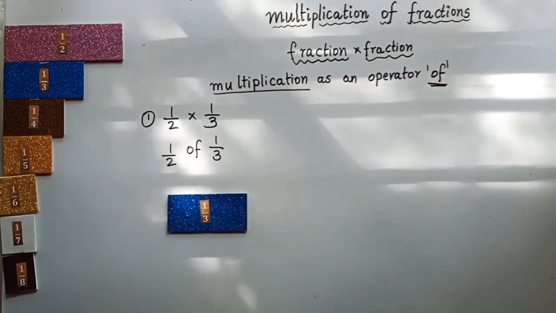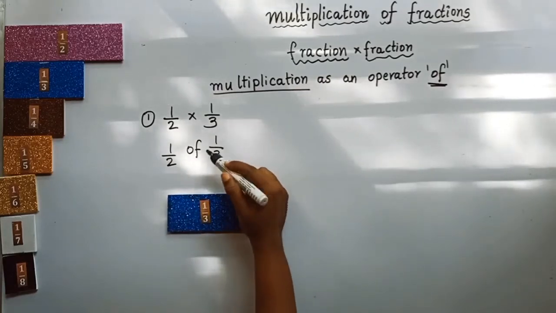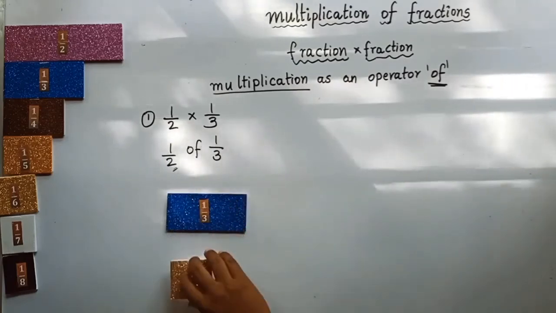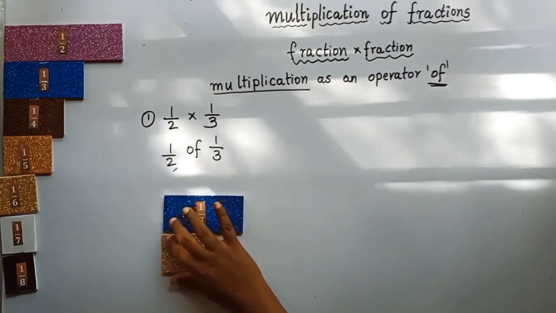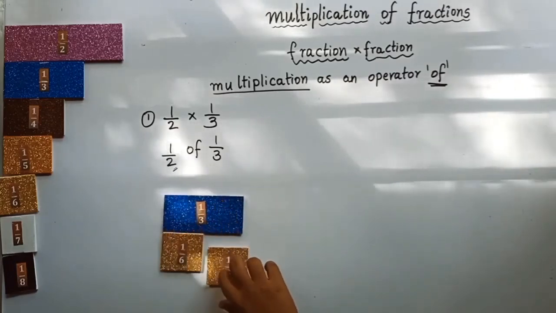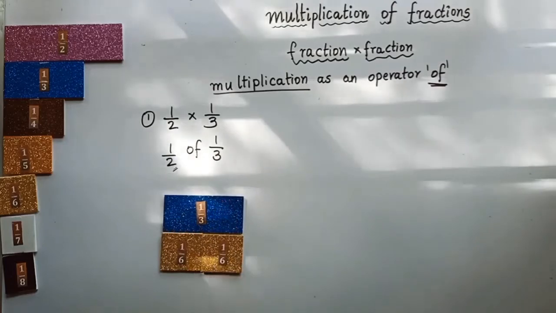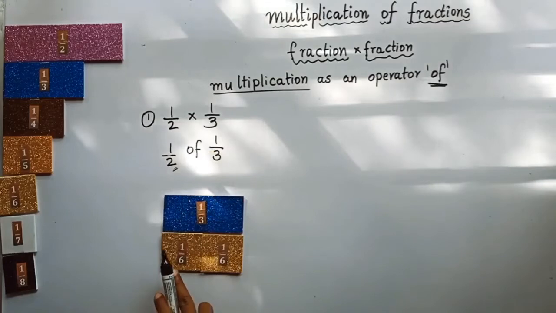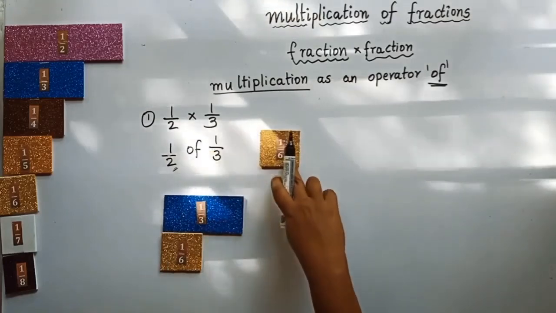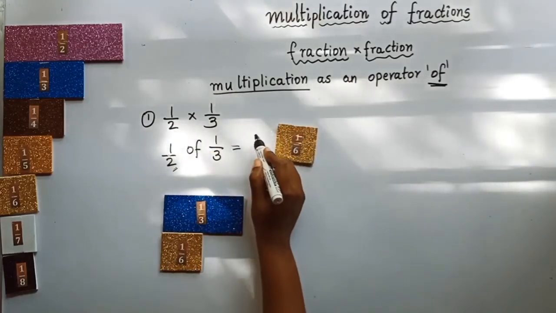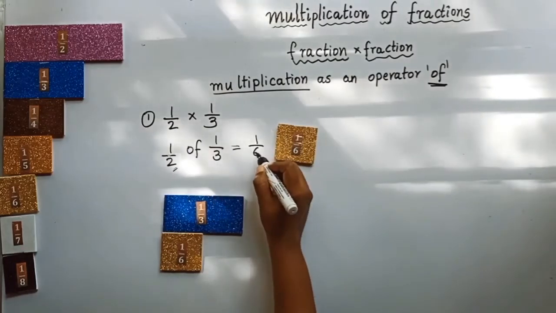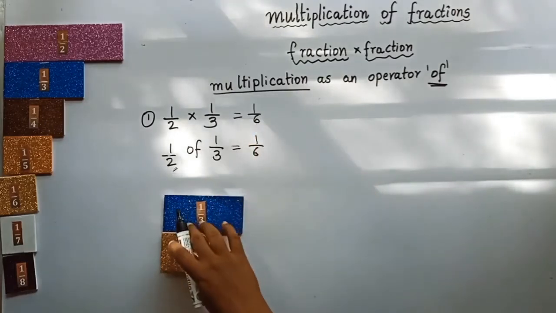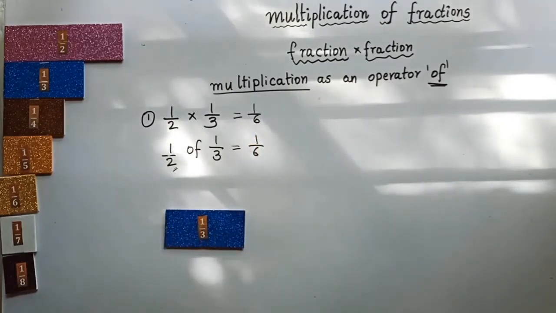We have to take 1 by 3, then divide 1 by 3 into 2 equal parts. Then numerator is 1, so take 1 part. Half of 1 by 3 is 1 by 6.